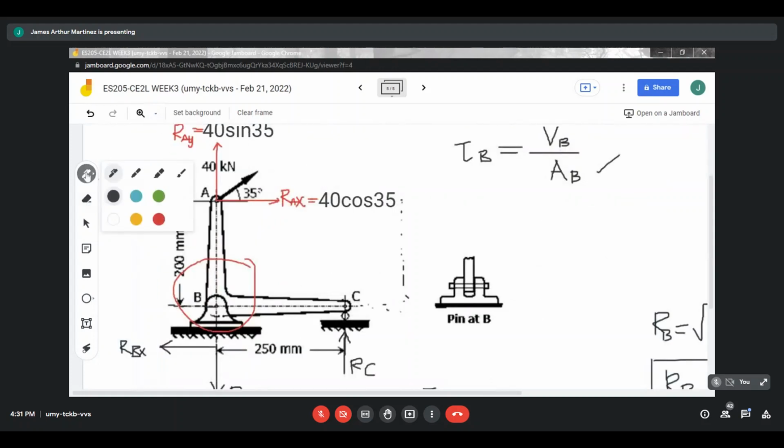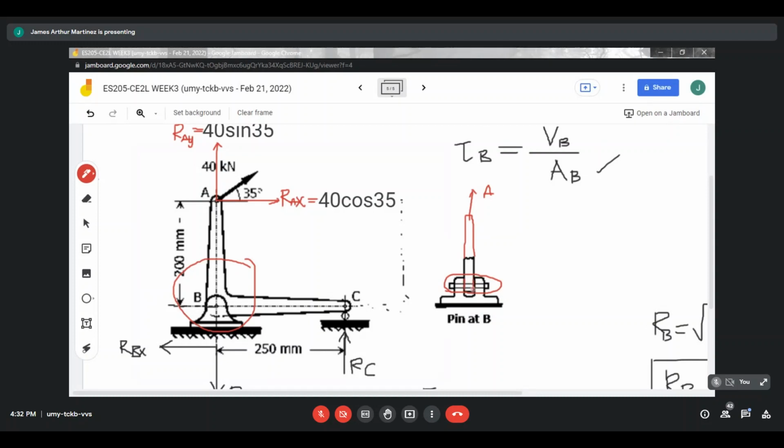By the way, this is the pin at point B. If this is force A, the shearing will occur in this part.